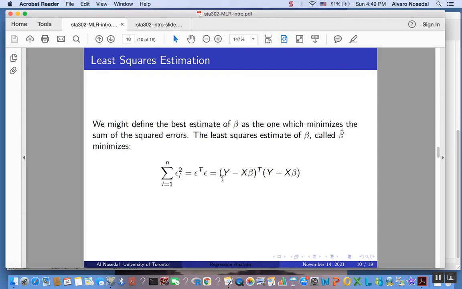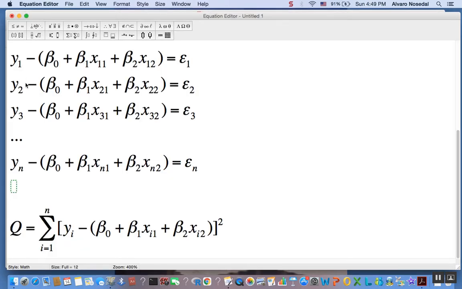Another thing that we're doing here in our lecture notes is just underlining that you could express the epsilon vector, those differences that we have here, using a matrix representation.